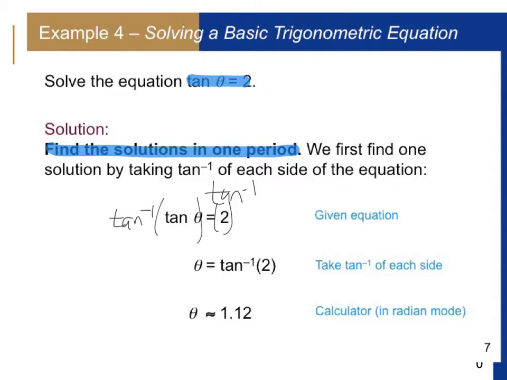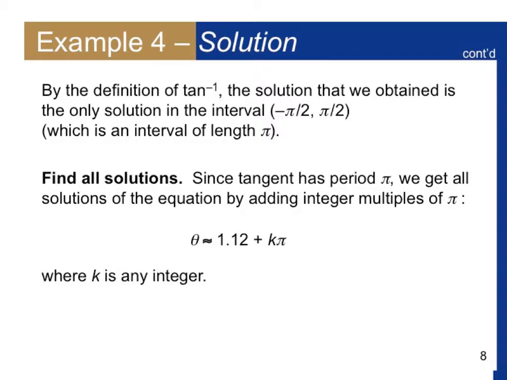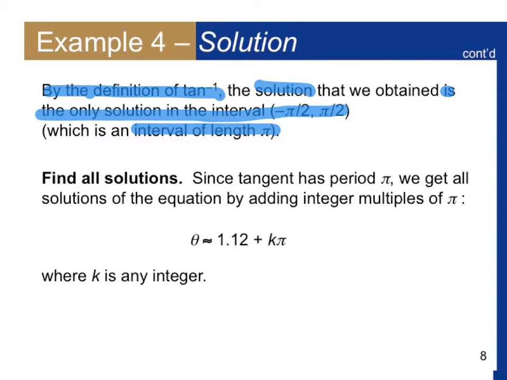But we have to look at all the angles, since by definition of inverse tangent, the solution is the only solution in the interval minus pi over 2 to plus pi over 2. That interval of length pi, right? So we want to find all the solutions though. Since tangent has a period pi, we get all solutions by adding integer multiples of pi.